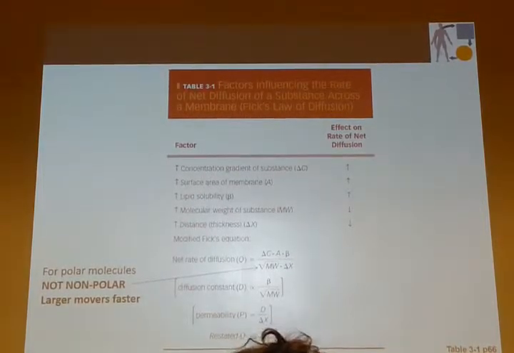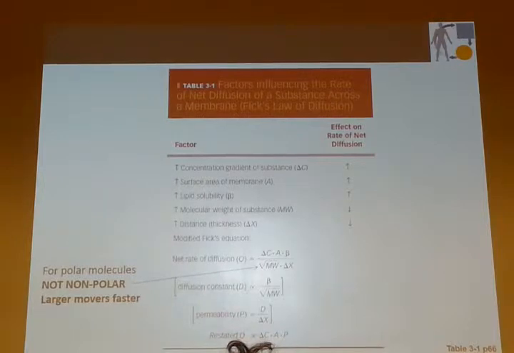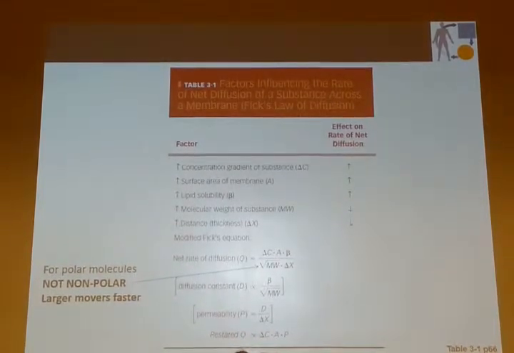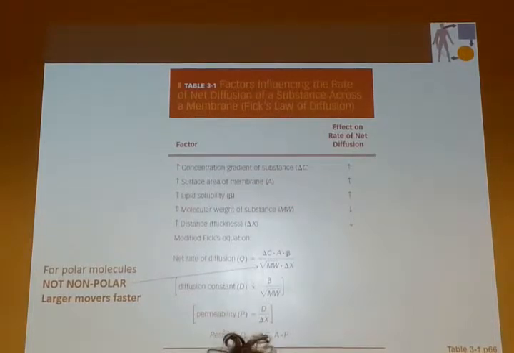Okay, so here, this is Fick's law of diffusion. It's telling you what is important for simple diffusion. Most important is going to be your concentration gradient. For biological situations, in normal situations, you're not usually changing surface area.